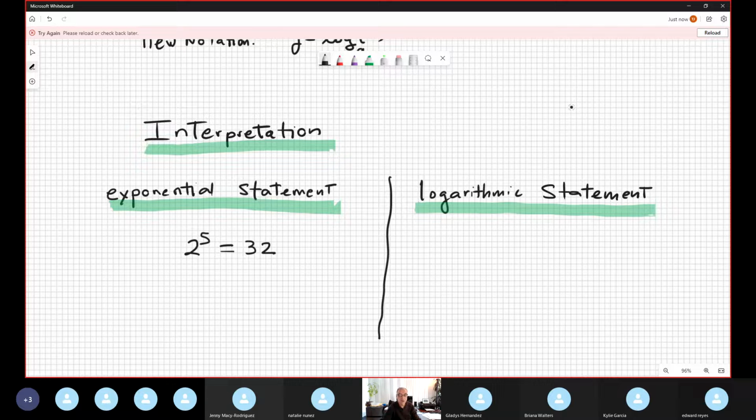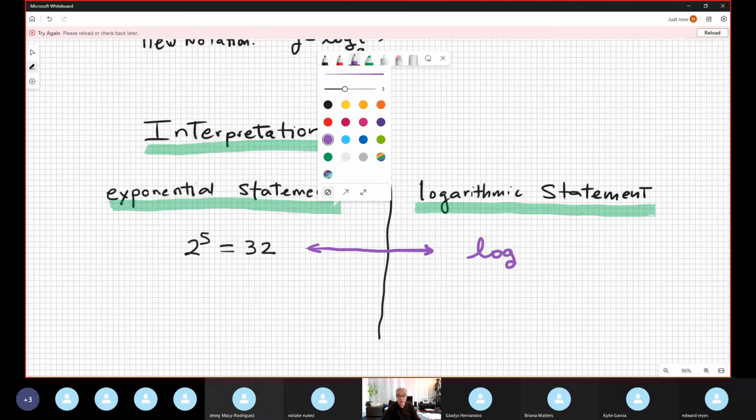How do you translate this statement into a logarithmic statement? Well, you put the famous word log, with your specification using a small number here at the base.